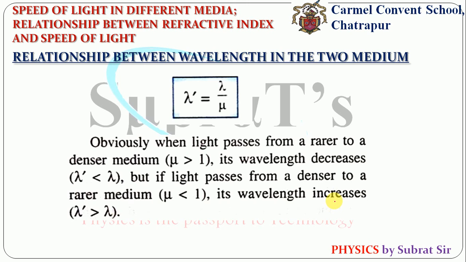But if the light passes from a denser to a rarer medium, then mu is less than 1, the wavelength will increase, so lambda dash will be greater than lambda. So from rarer to denser, the wavelength decreases; from denser to rarer, the wavelength increases.